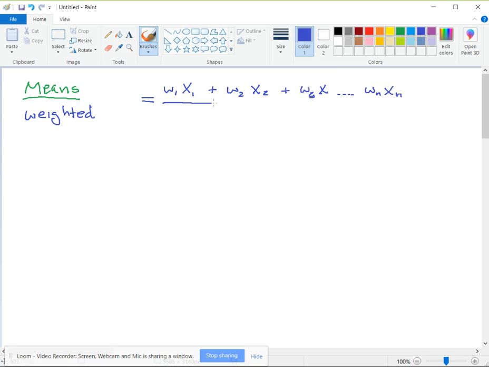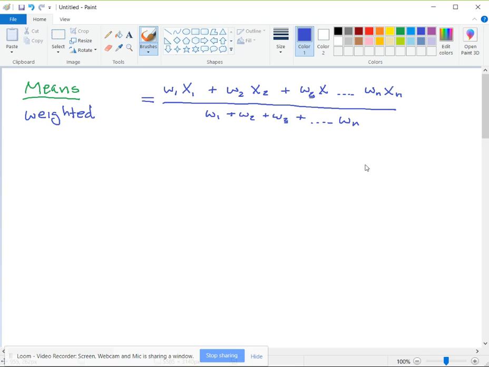And then you take all those and you divide them by the sum of all the weights, w1 plus w2 plus w3, dot, dot, dot, wn. That gives you a mean based on the weighting of each term.